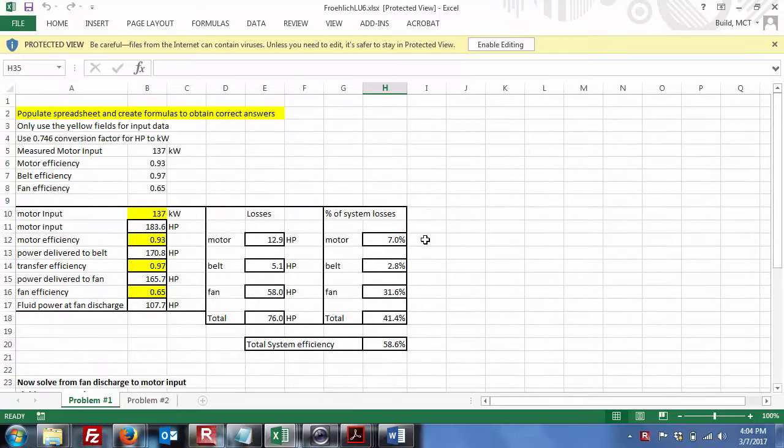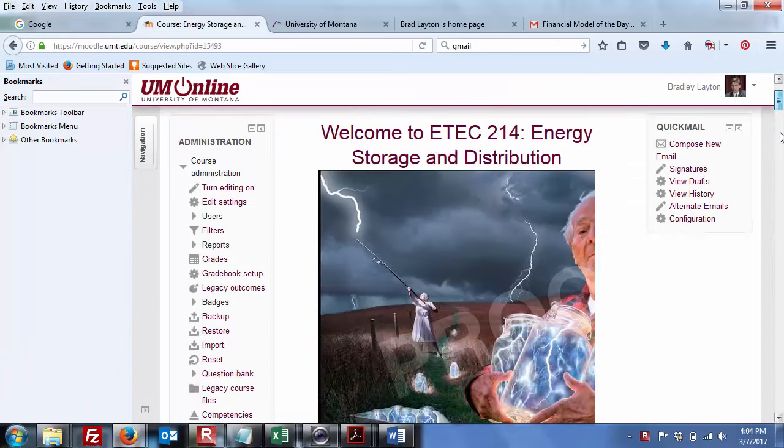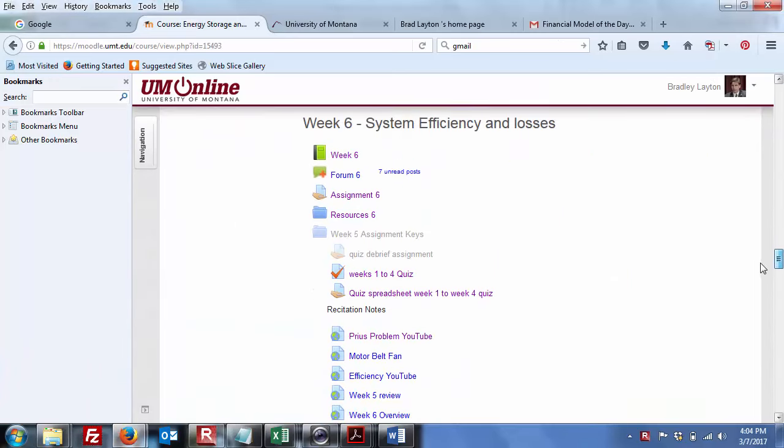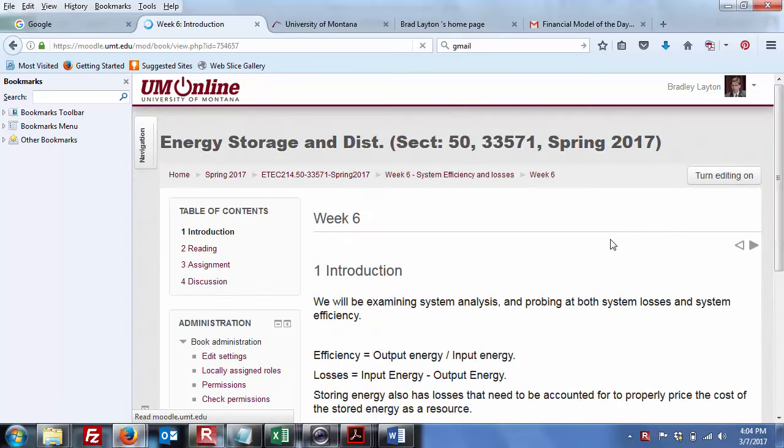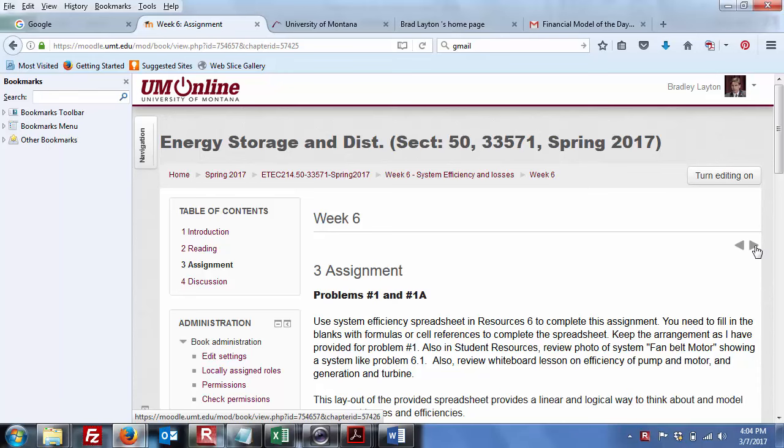You don't have the problem statement here, do you? Let me grab that. Let me grab the problem statement, week 6. Yeah, that first question he even provides kind of a base spreadsheet that you just populate, so it should look pretty consistent from student to student.